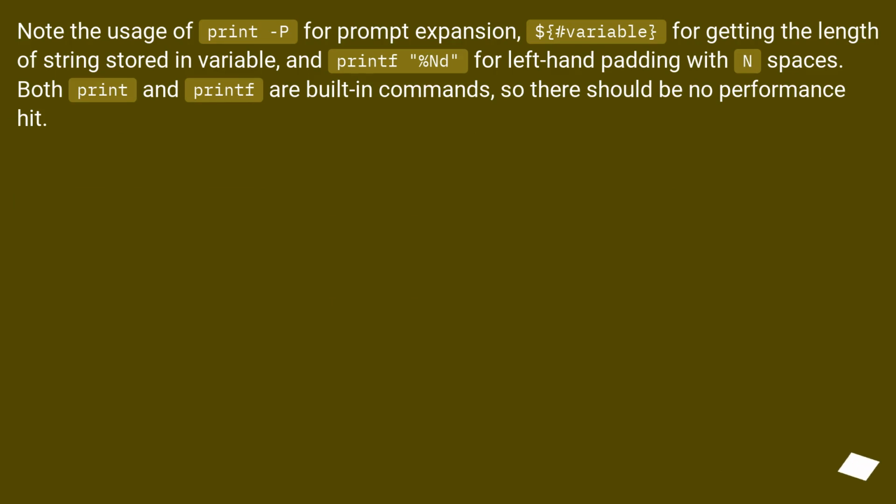Note the usage of print -P for prompt expansion, ${#variable} for getting the length of string stored in variable, and printf %*s for left-hand padding with spaces. Both print and printf are built-in commands, so there should be no performance hit.